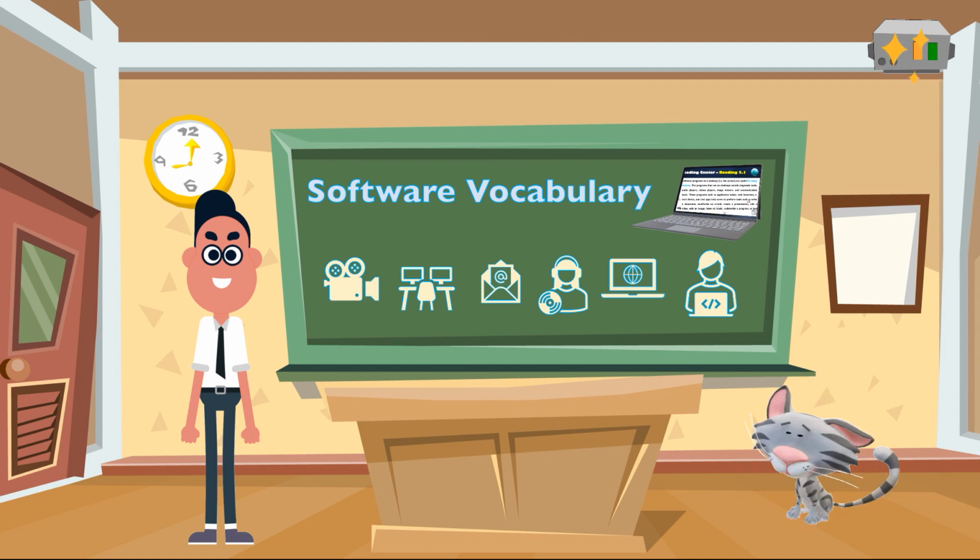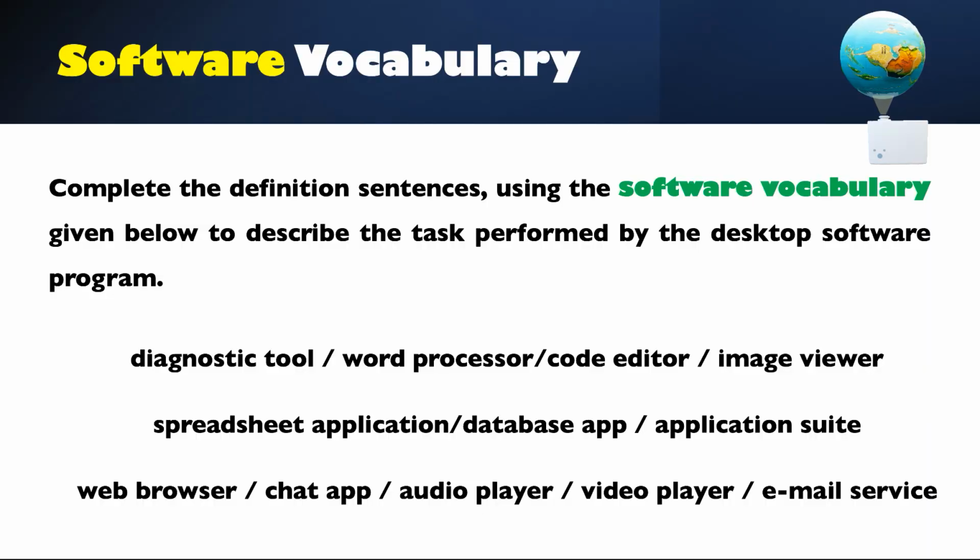All right, let's go for software vocabulary. Here we are. So we're still on our icons and we've looked at the reading, and some of that vocabulary will now appear in the software vocabulary. So we're going to have our definition sentences, and it says complete the definition sentences using the software vocabulary given below to describe the task performed by the desktop software program.